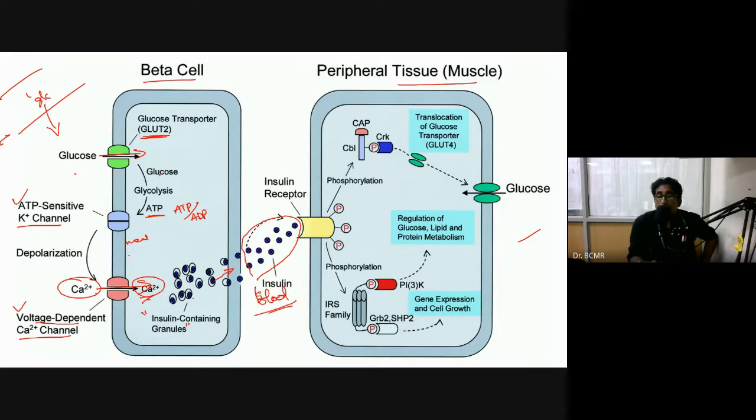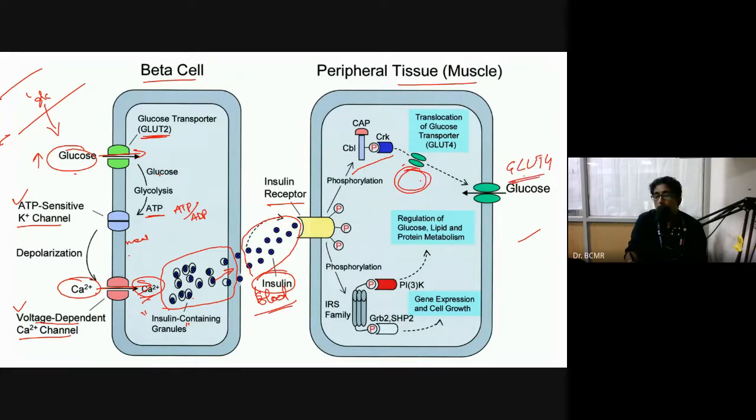Until then, insulin is already produced, processed, and put as vesicles or granules within the cell. It is not secreted into the blood, but because of the increase in blood glucose, there is a trigger, and now insulin is secreted into the blood and circulated. It binds to the insulin receptor, which gets phosphorylated, and then several things happen, IRS, PKB, PDK, and so on, and they allow the fusion of cytoplasmic vesicles containing GLUT4.